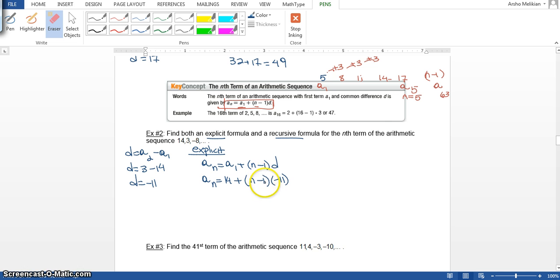We now distribute the negative 11. So it's 14 minus 11n plus 11. So an is negative 11n plus 25.